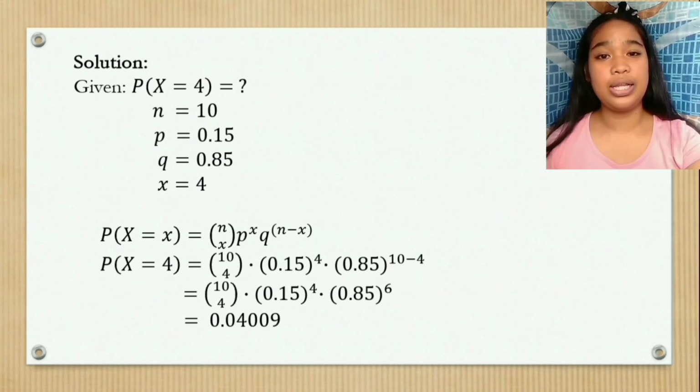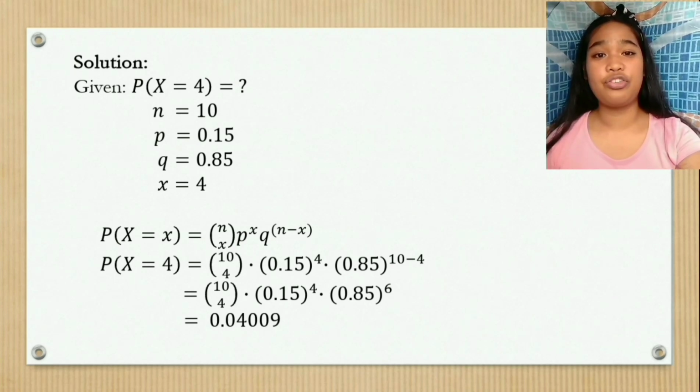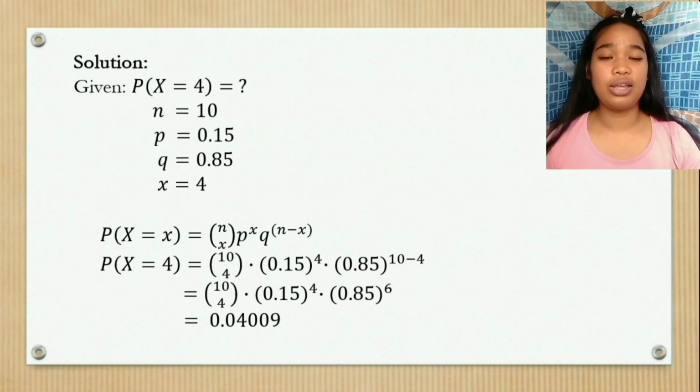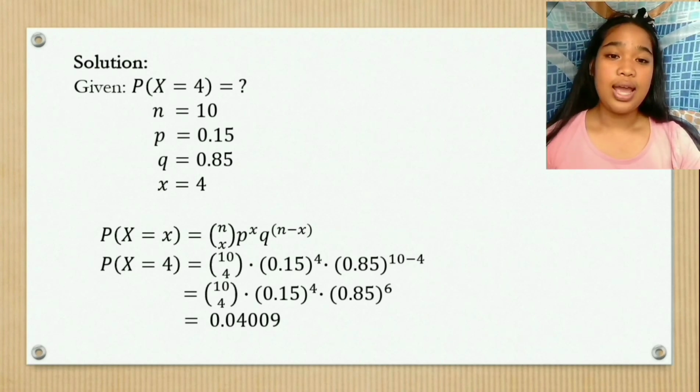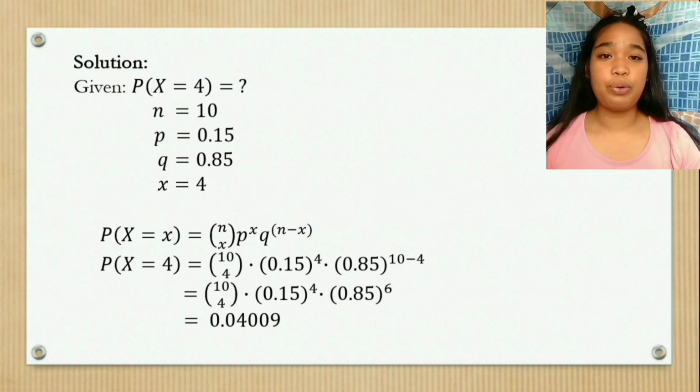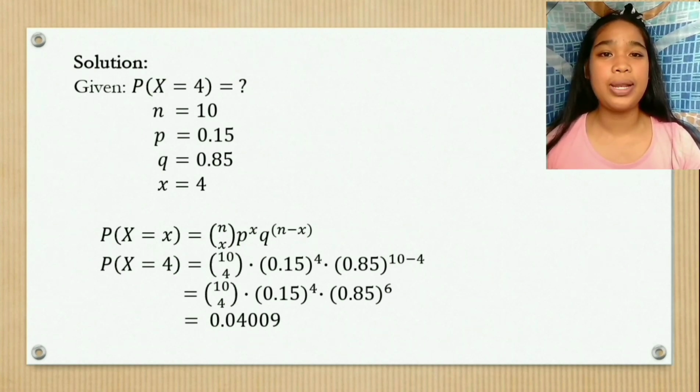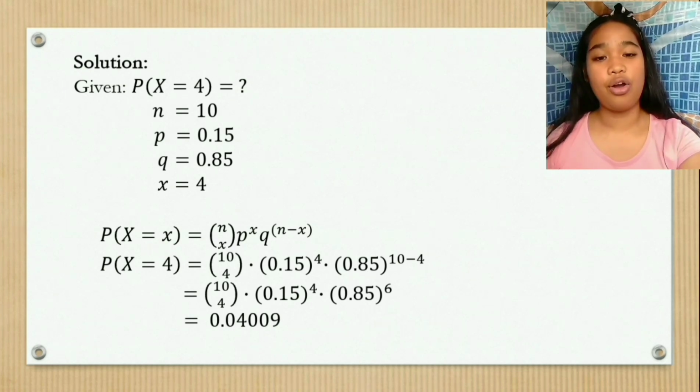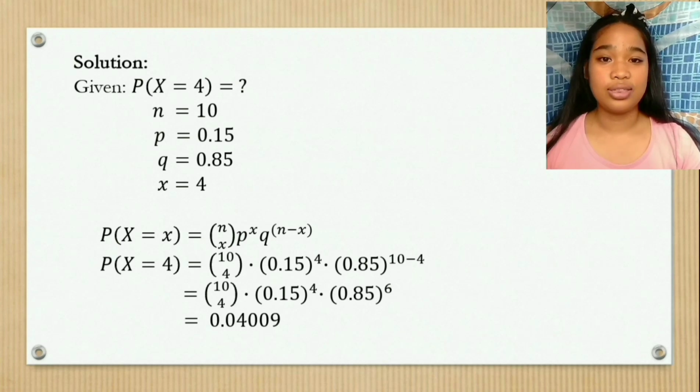So, ang probability of x equals 4 equals 10 choose 4 times 0.15 raised to 4 times 0.85 raised to 6 is equal to 0.04009. So, naay 0.04009 nga probability nga makakuha tag exactly 4 pink candies out of 10.